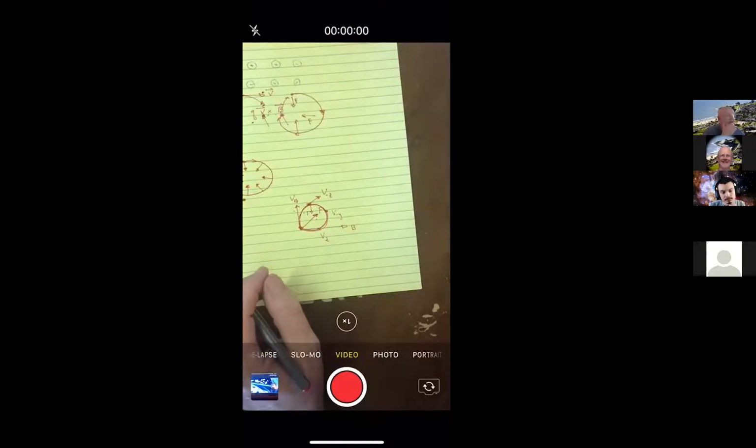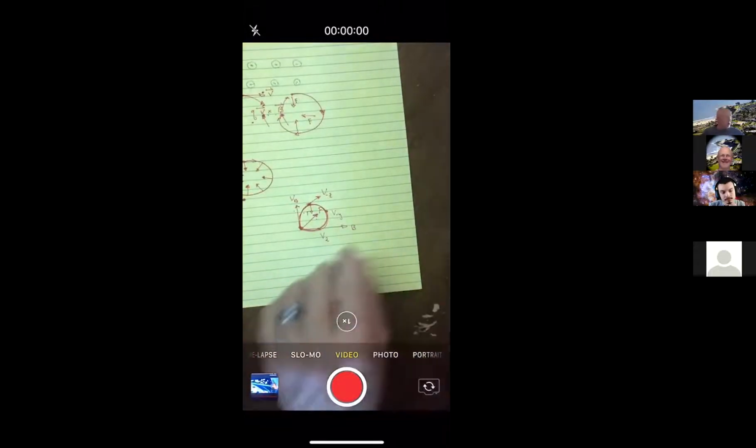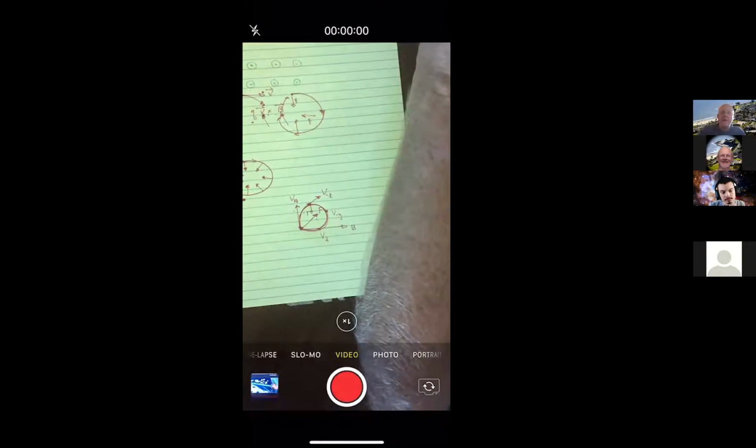I'm wondering if I were to grab a picture and use my screen differently. Let me stop sharing here. Let me go to the textbook. I think there's a good picture of this in section 2 here. Oh, there's a couple pictures. Let me start with this one. Let me see if I can grab this picture.